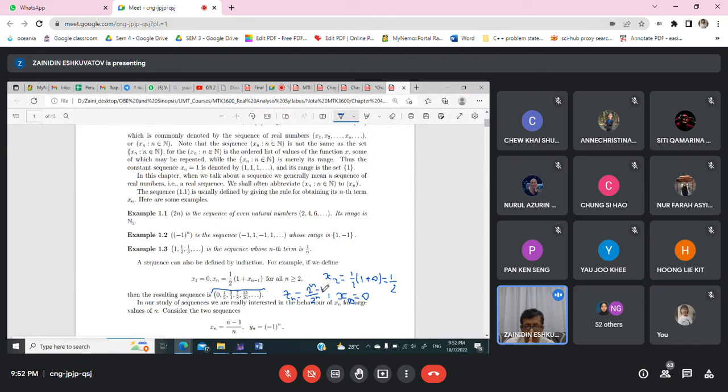Now n starting from 0, n greater or equal to 0.